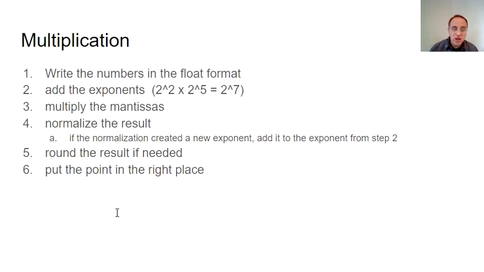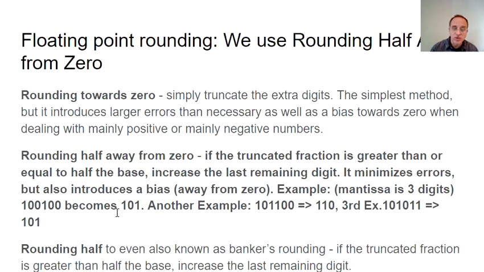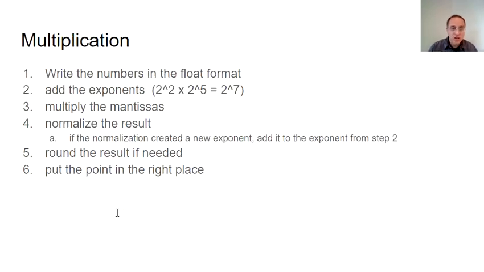So that was all for addition, right? Let's talk now about multiplication. In multiplication, we're going to write the number in the float format. And we're going to add the exponents, because remember, the exponents are all base 2.